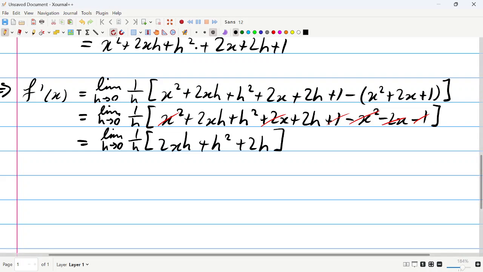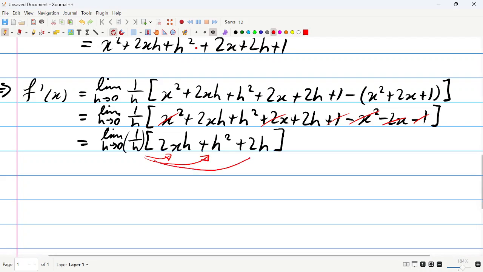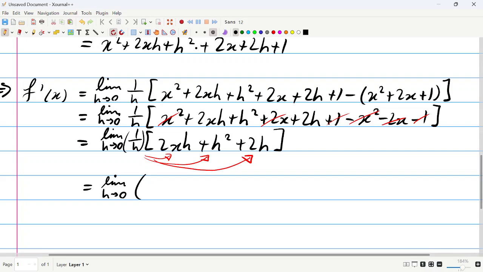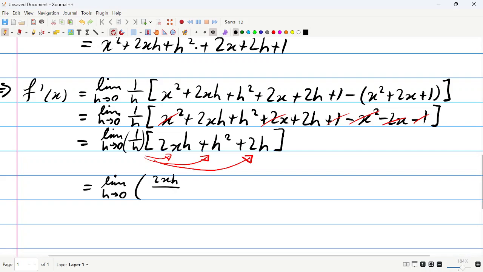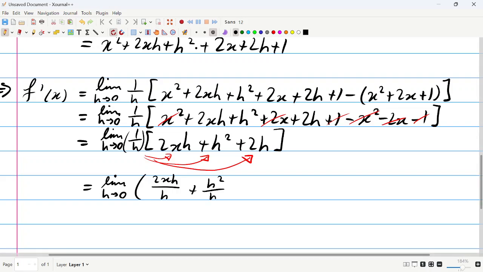Now what? Now we can just multiply 1 over h into every single term. Every single term we multiply 1 over h. And then what are we going to have? We are going to have the limit as h approaches 0 of what? It's going to be 2xh over h plus h squared over h plus 2h over h.